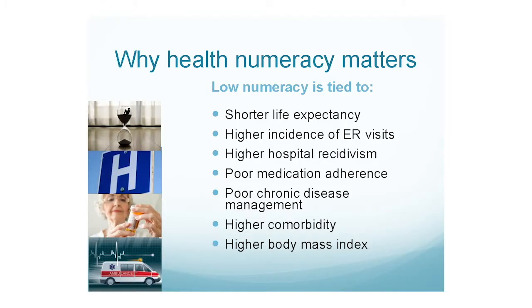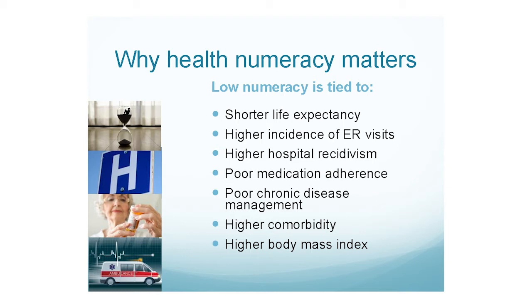It's also tied to a shorter life expectancy, because if folks are having a difficult time managing those chronic diseases, the morbidity and the mortality are just going to go up. Higher incidence of ER visits.